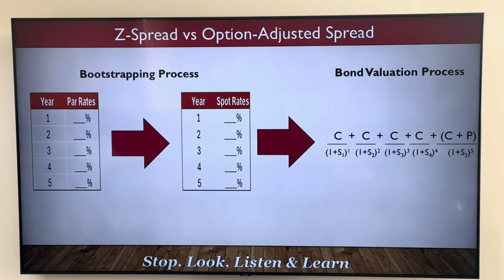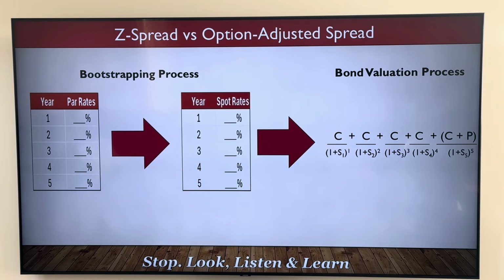So as you can see on the far right of the screen, we have the various coupons that the bond will pay over its life, and we discount each one of those coupons at the appropriate spot rate.